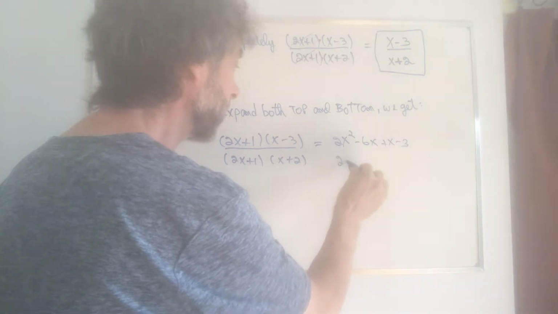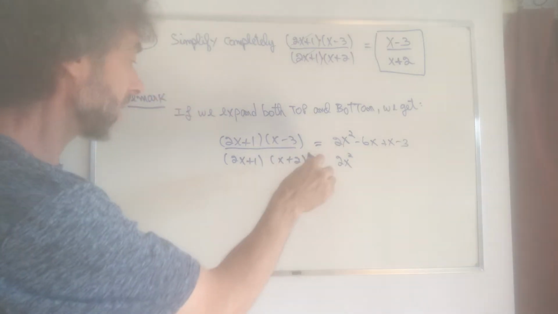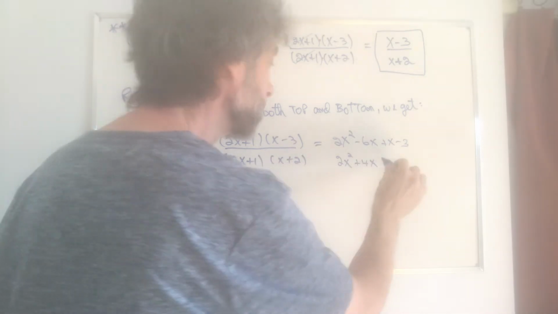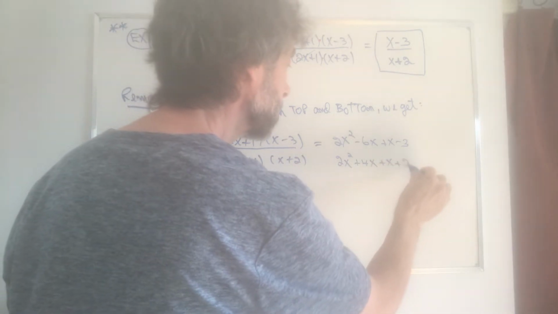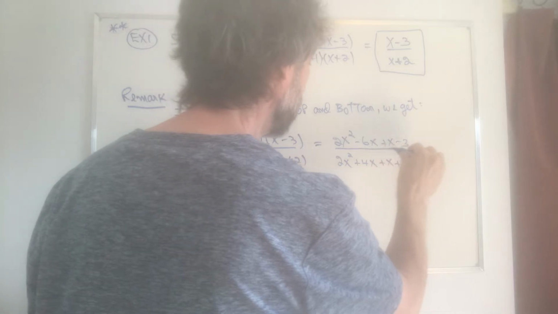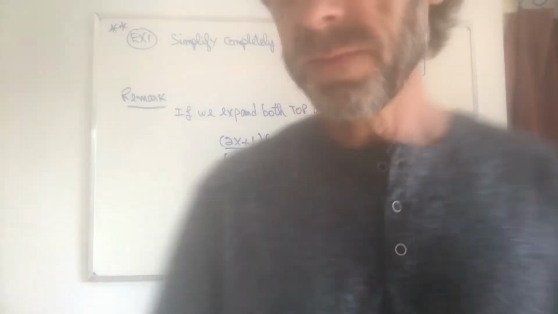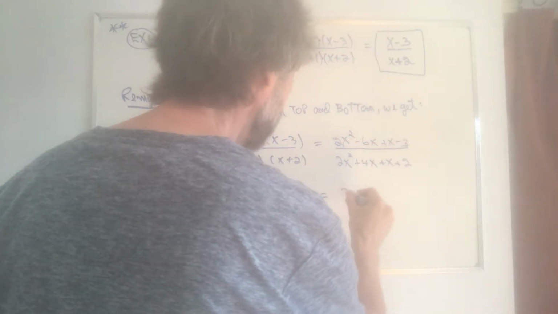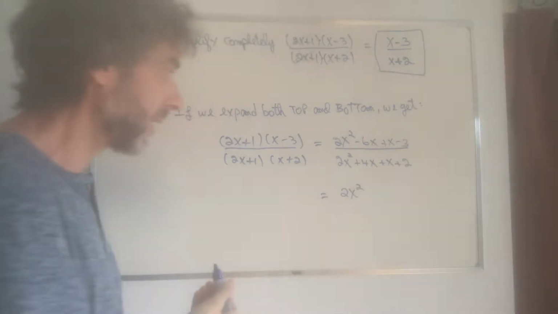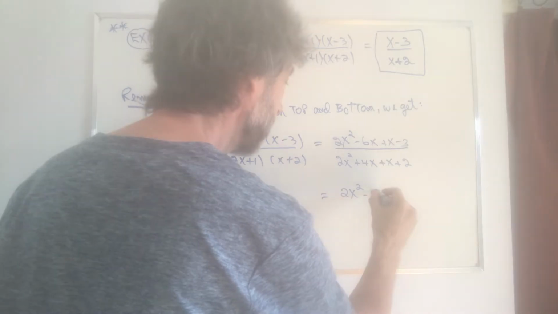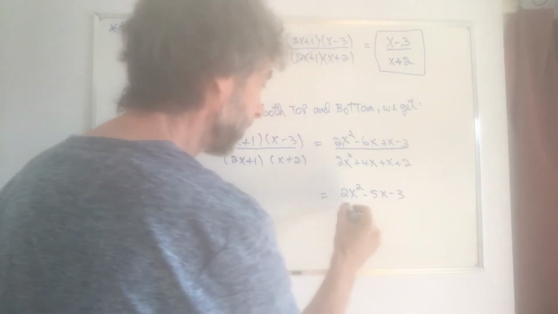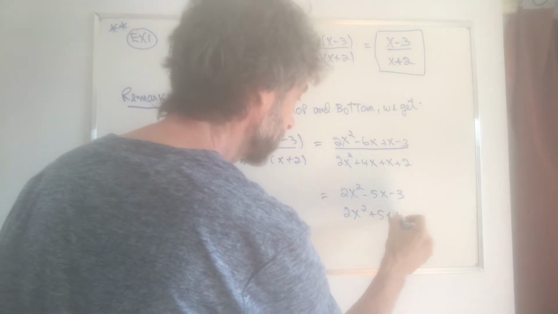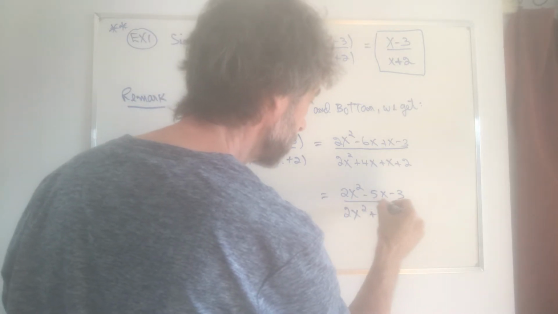In the bottom, 2x squared plus 4x plus x plus 2, which actually gives me, if I collect my like terms, 2x squared minus 5x minus 3 over 2x squared plus 5x plus 2.